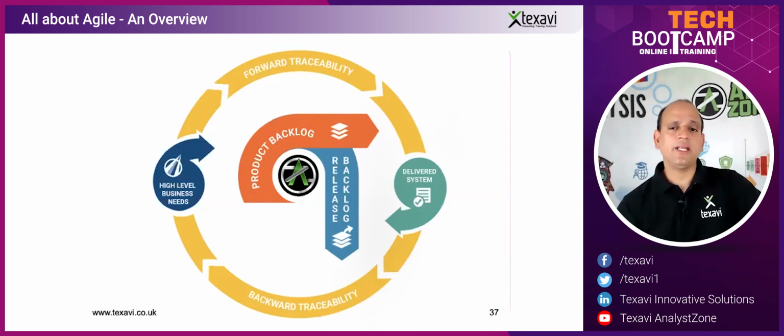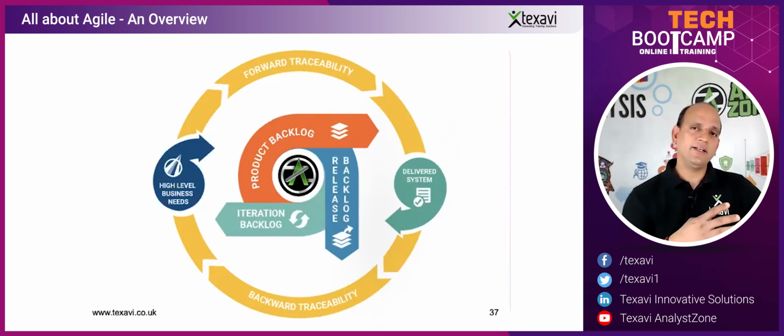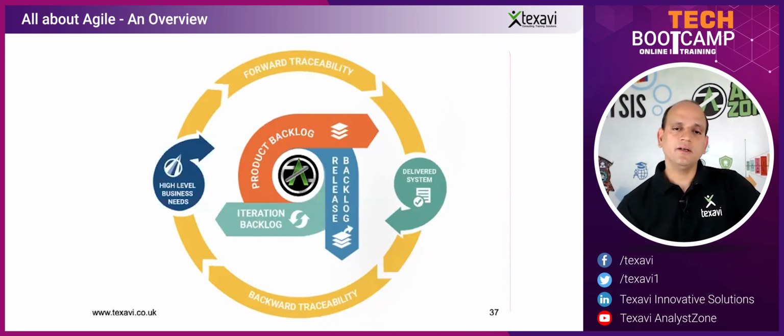So that's the backlog release. The prioritization happens, and then you get that into the sprint. For example, the product backlog is a one-year version of what you want to do. The release backlog is the six-month version, what you want to do in the next six months. And the iteration backlog could be about what you're going to do in the next three weeks. That's the constant checking about whether you're meeting this or not, and this goes on and on.